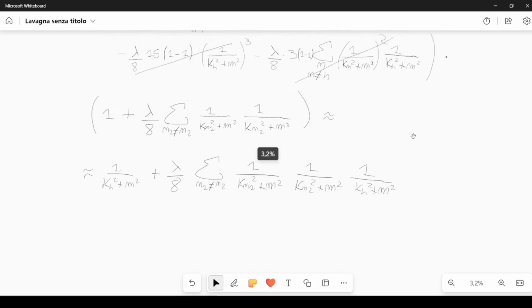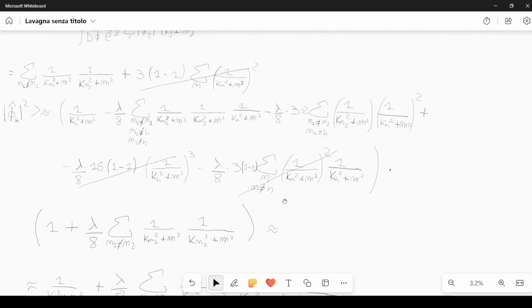And then we get all the other terms, so in particular this and this, they will be multiplied by 1, because if we multiply them with this term, we will get a higher order contribution.